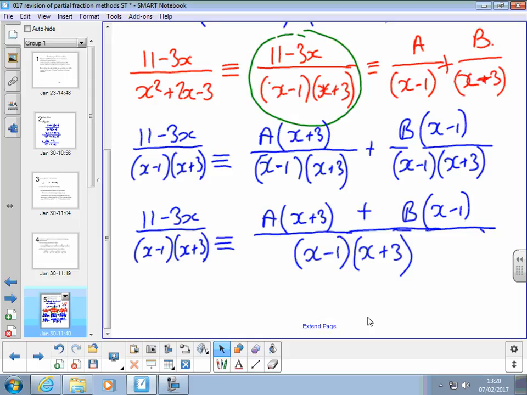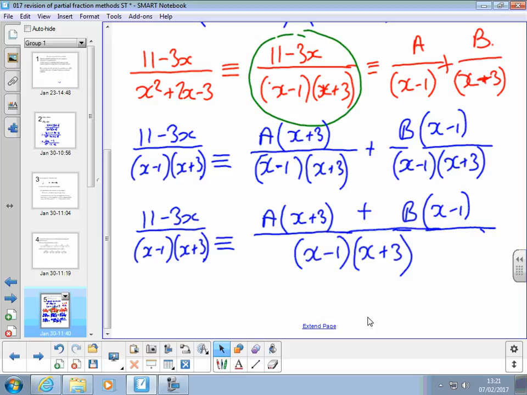Correct. Let the top equal 0. Anyone else? There is letting something equal 0, but there's a term for what you're going to do. If the two denominators are exactly the same, then surely 11 minus 3x must also be equal to all of that bit. Yeah?